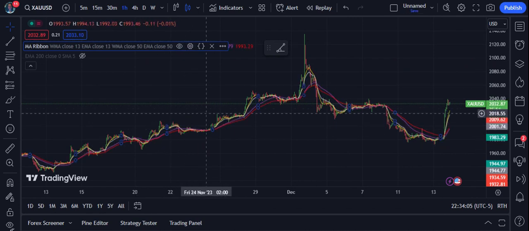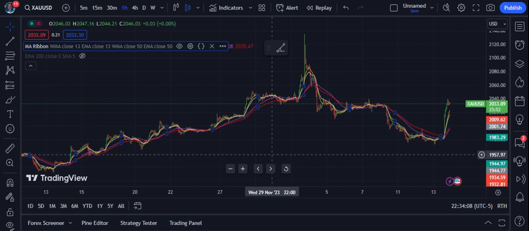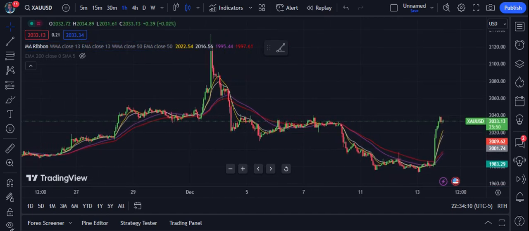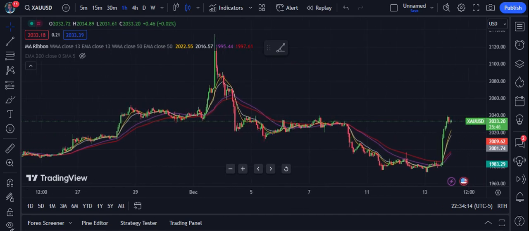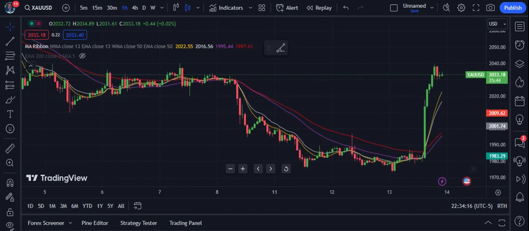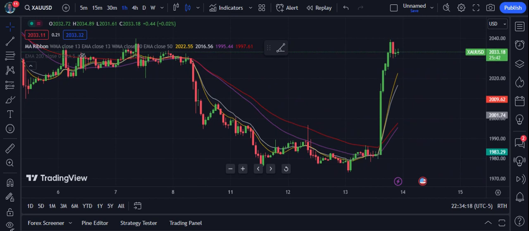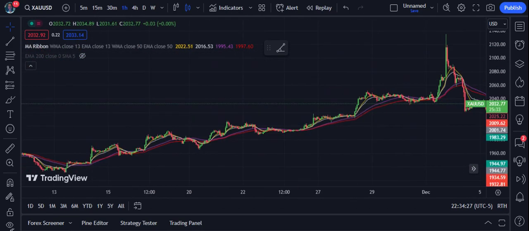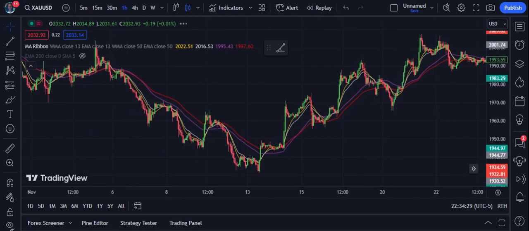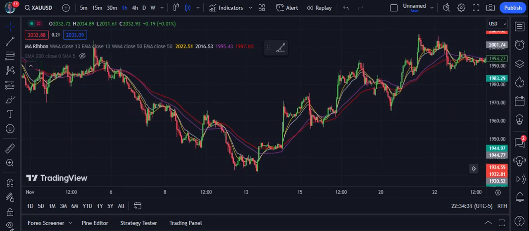This might be a lot for you guys, and some of you may say, what is this that I'm looking at? But this is the current indicator that I use for my trading. And so far, I've profited pretty well using this strategy. So I'm going to give you guys an example of what to look for.